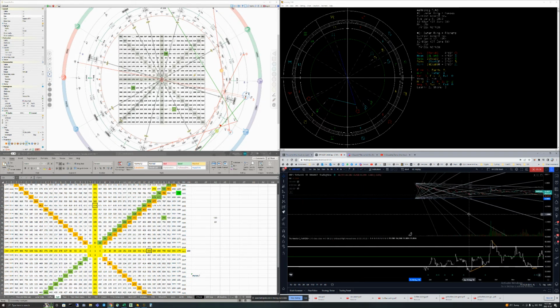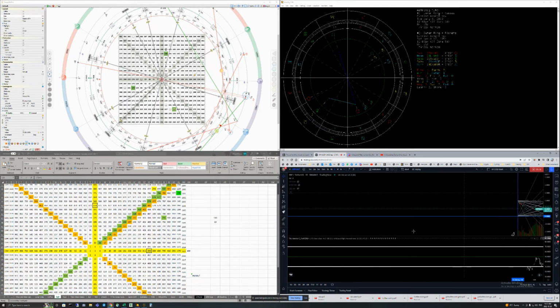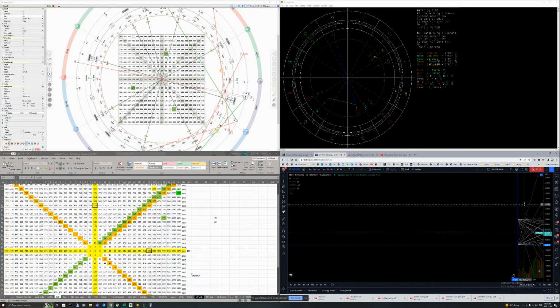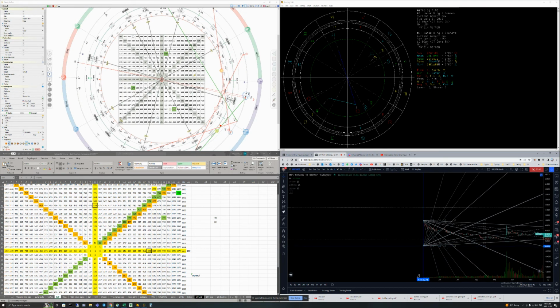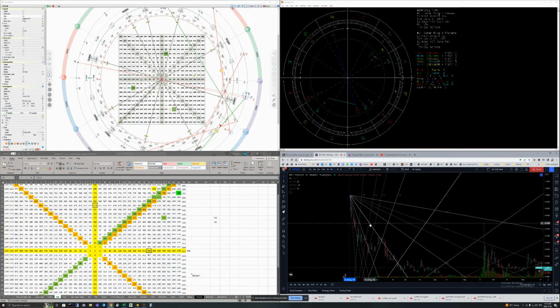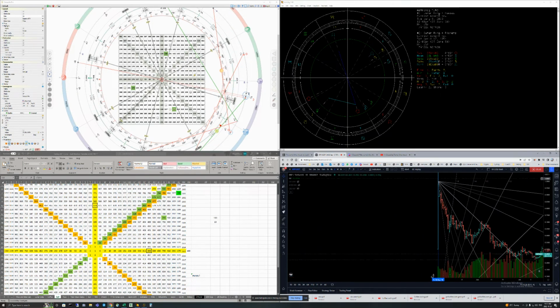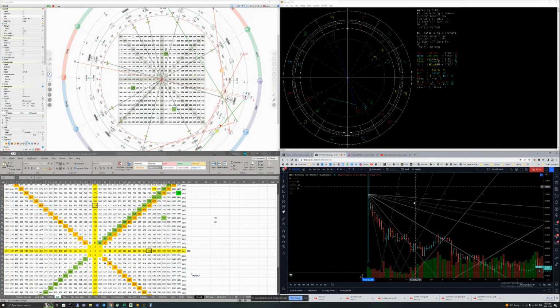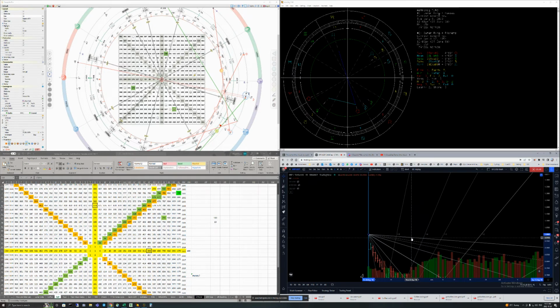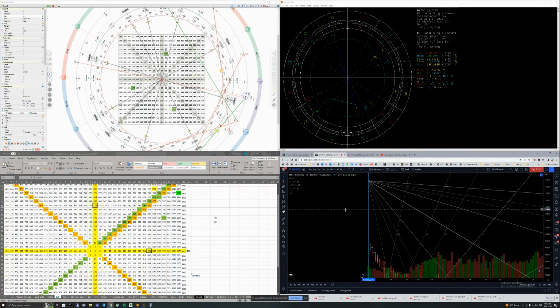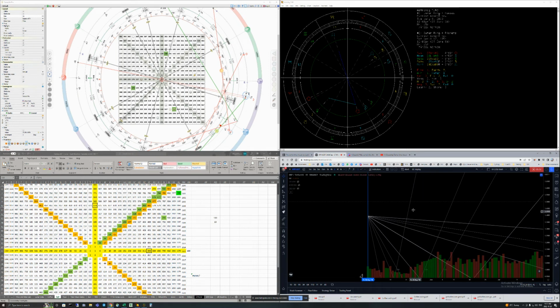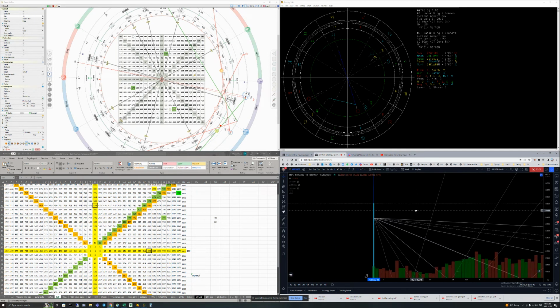And I'm just going to zoom in real tight. Actually, I'm going to turn this indicator off. Zoom in. And we can see that this spike went all the way up to here.